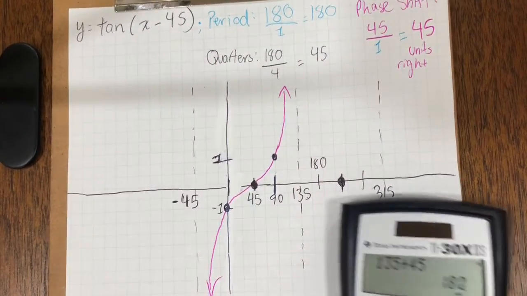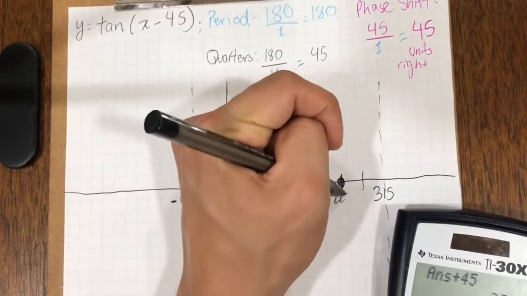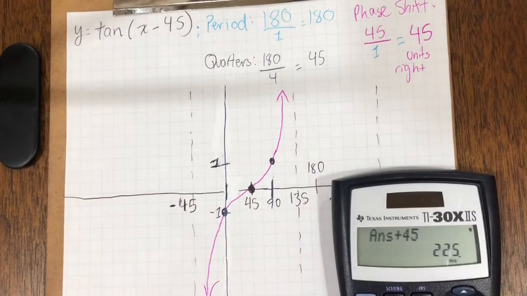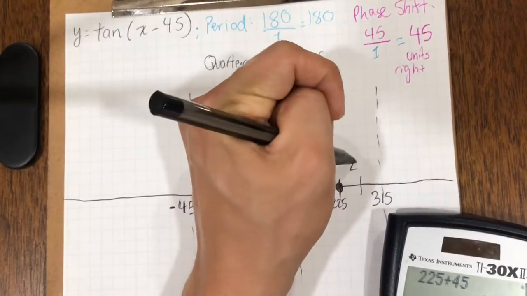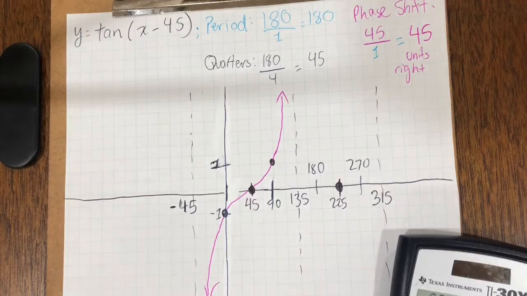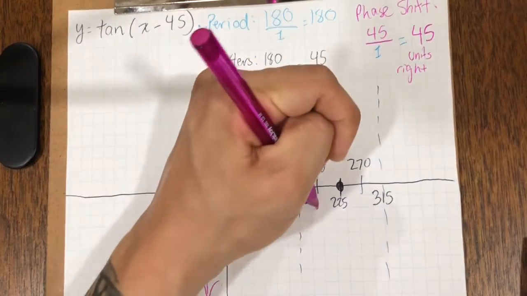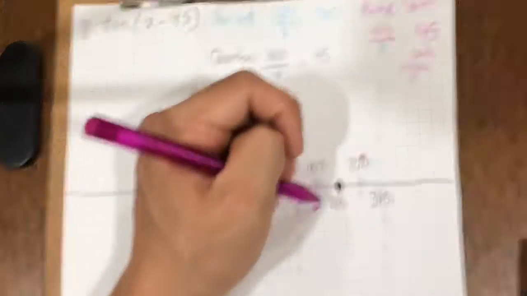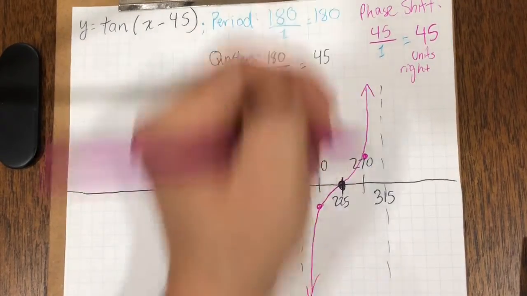And then I have 180 plus another 45, that's going to give me 225. And then I can take 225 and add it to 45, I get 270. And then if I add this to 45, it should be 315. All right, so then I'm going to use the pattern for low, mid, then high. Connect the points. All right, and there we have it.